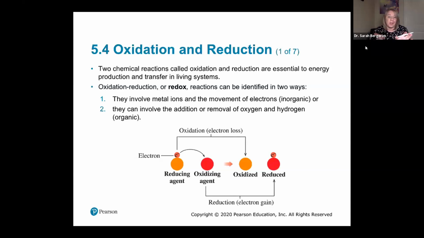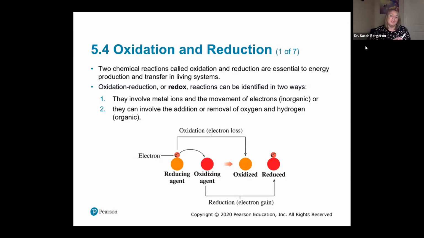So that's inorganic oxidation reduction. It's a little bit easier when we look at things that are organic, because we can actually see changes in the number of oxygen atoms and the number of hydrogen atoms. So it's a little bit easier to recognize in organic things. First we're going to talk about the inorganic, and then we're going to talk about the organic.